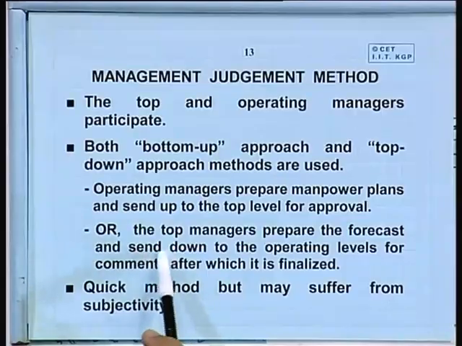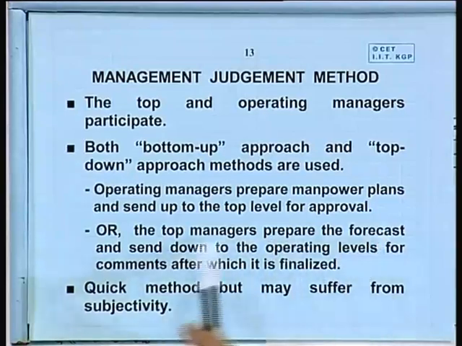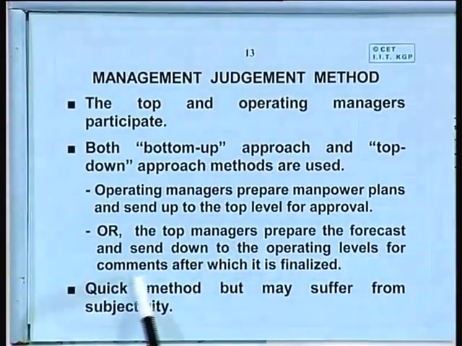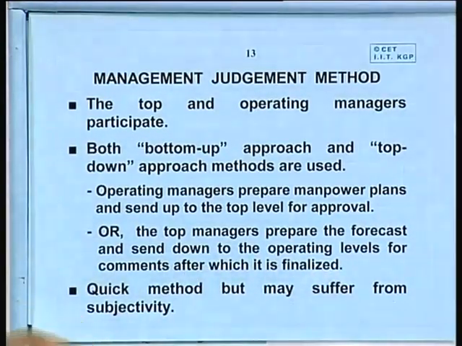Directive may be no additional manpower to be taken next year, manpower freeze. But in normal operating times, you have that bottom up approach. Or the other way, top managers prepare the forecast and send it down to the operating level for comments, after which it is finalized.